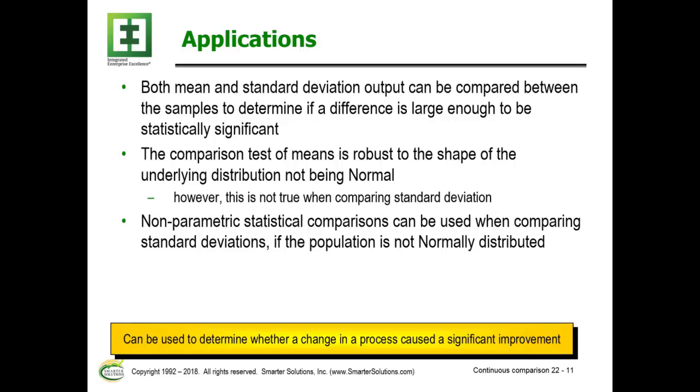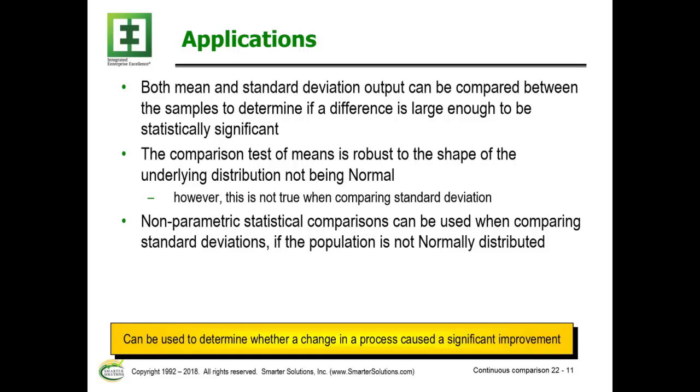So we can look at both the mean and standard deviation between the samples to determine if the difference is large enough to be considered statistically significant. The comparison of the means is robust to the shape of the underlying distribution not being normal; however, that's not true of the standard deviation.